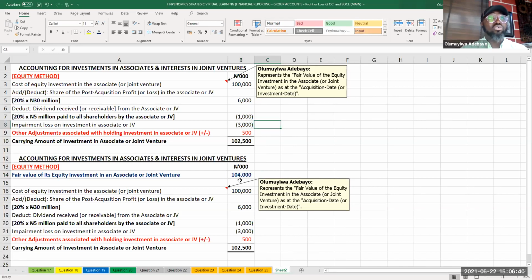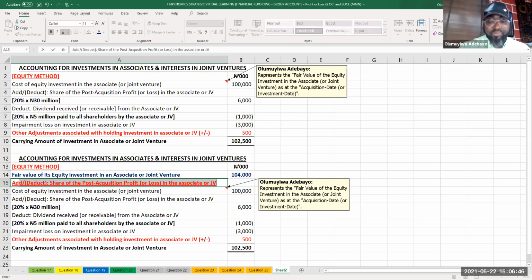Now, instead of me recognizing 104, the first adjustment I'll do is to reverse the fair value gain on the investments.